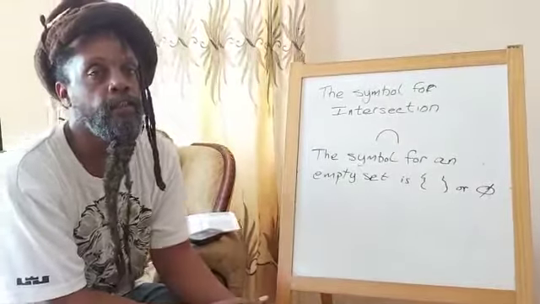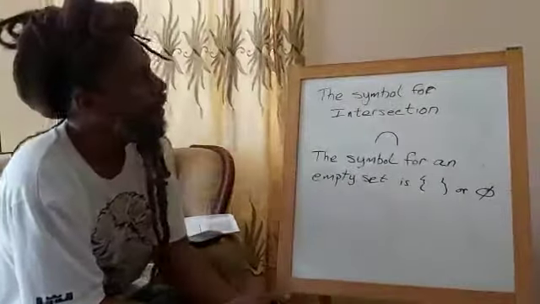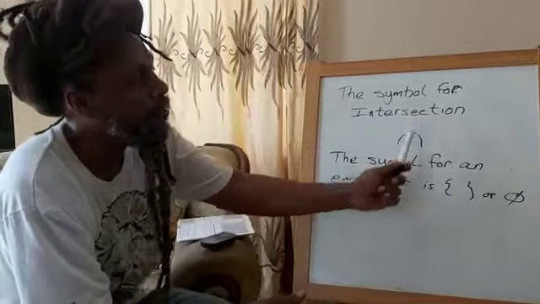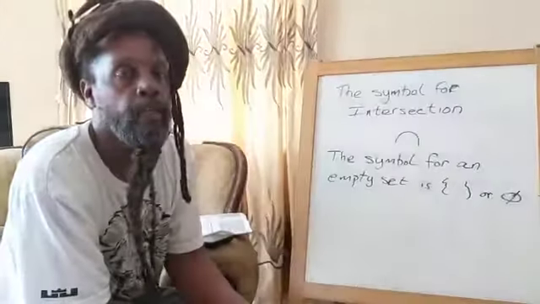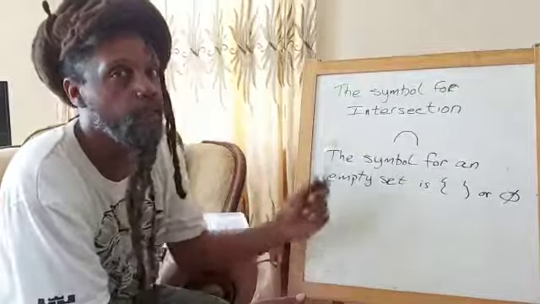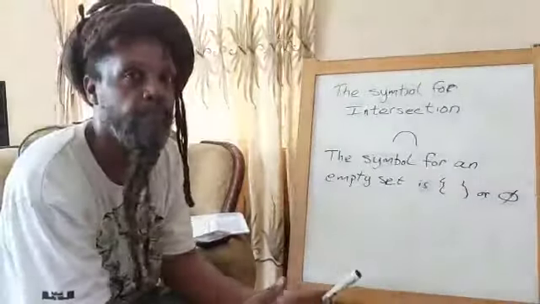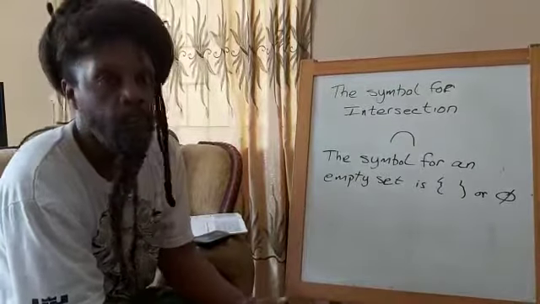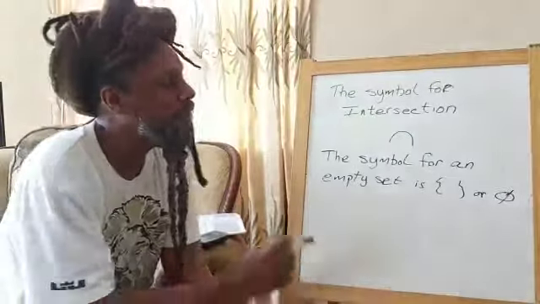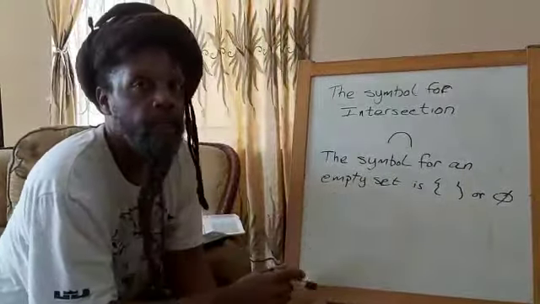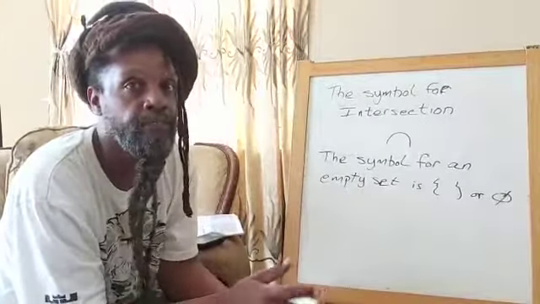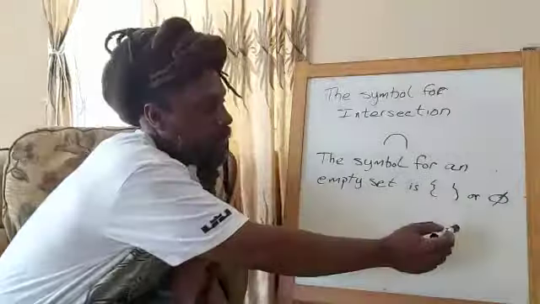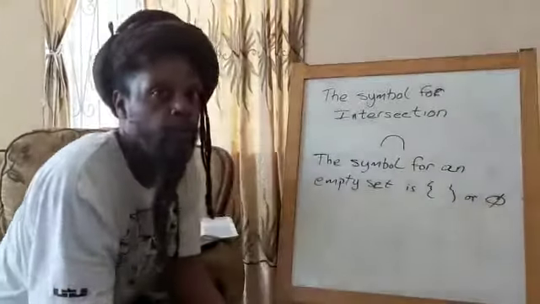Alright, so we're continuing with the notes. The symbol for intersection is more like an upside down U. You know the union we did just now looked like a U, so the intersection is actually the opposite of that. Turn it around, you get the intersection. And I want to note at this point also, the symbol for an empty set, a set that has nothing in it, is the two brackets with nothing in between, or like a zero with a stroke through it.